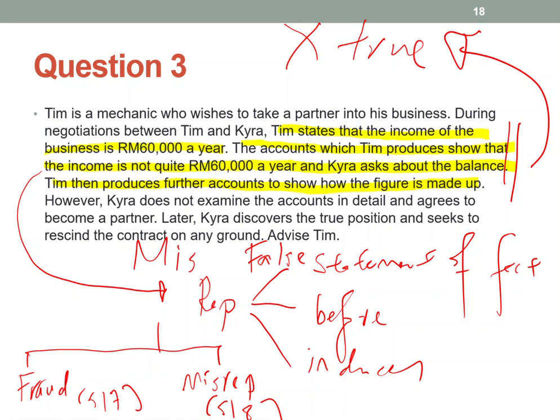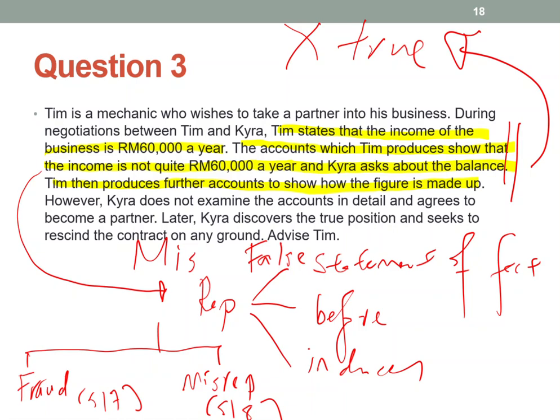Most likely he purposely lied. So therefore, there is fraud under section 17. If so, the contract is voidable in favor of Kiara, and Tim is advised that Kiara can terminate the contract. If Kiara terminates the contract, she's entitled to get back the money. So the answer is the same as the earlier one.